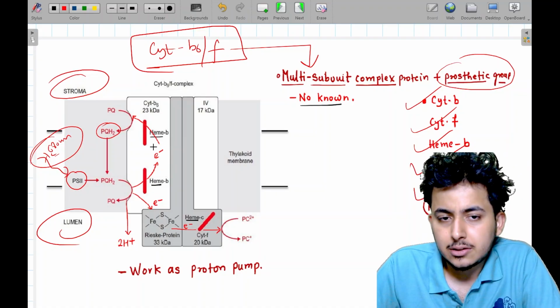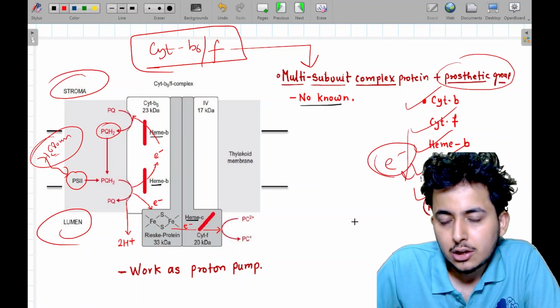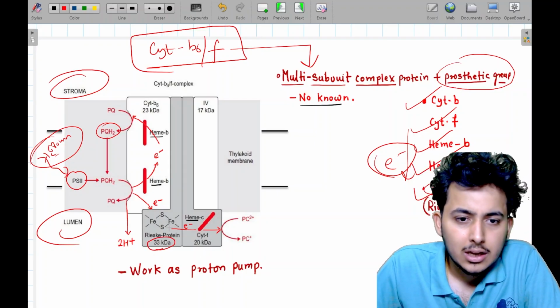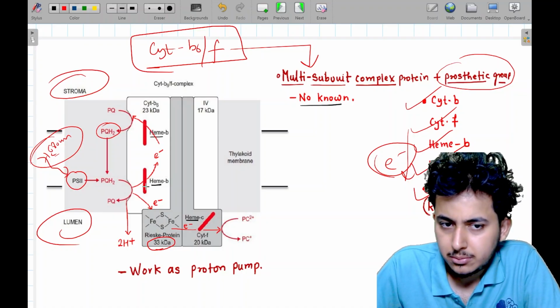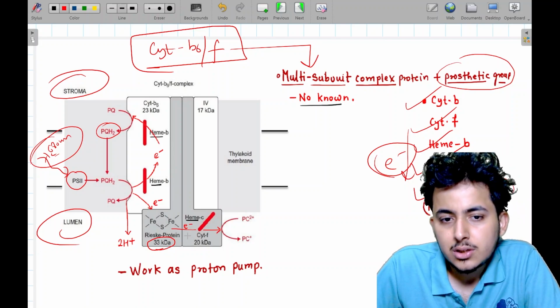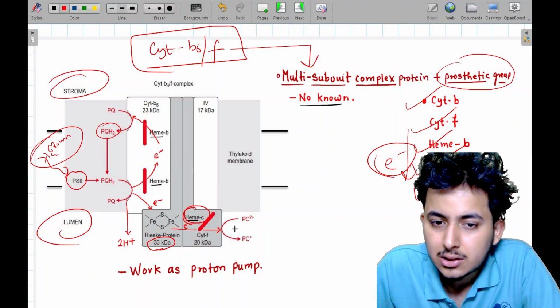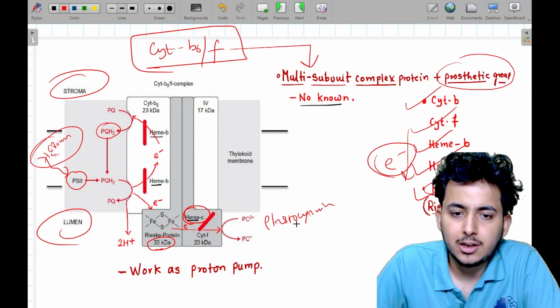You have the iron sulfur complex called the Rieske protein, a 33 kilodalton protein. The electrons, when they pass through heme b or heme c, are transferred to the Rieske protein and then to cytochrome f, where you have heme c, and then to plastocyanin. So plastocyanin gets the electron.